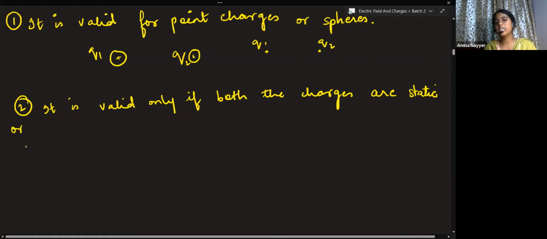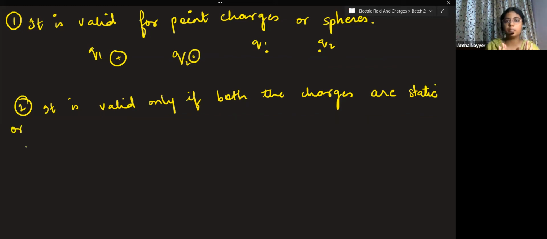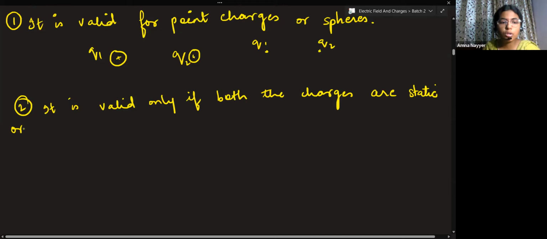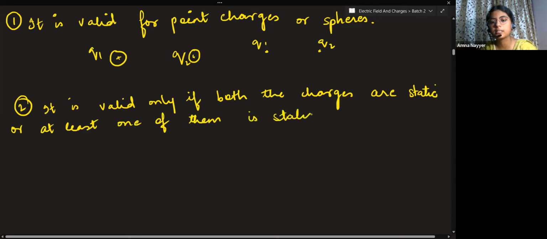Even if a single charge is at rest out of the two charges, then Coulomb's law can still be applied. But if both the charges are moving, then Coulomb's law is not applied. So it is valid if both the charges are static or at least one of them is static. This is when Coulomb's law is valid.